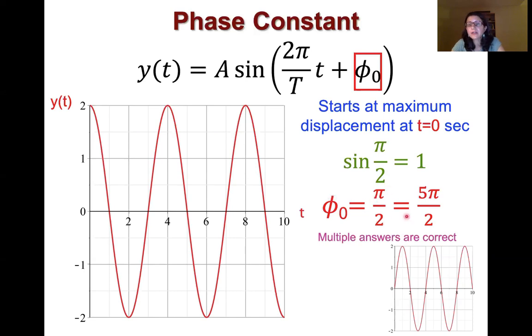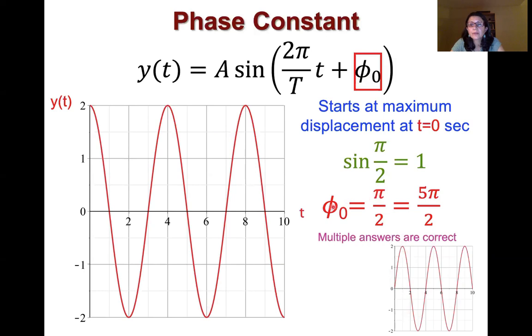Now, an interesting feature of sine functions is that you can add any factor of 2 pi to the sine function, and you get the same answer. Whether we're talking about shifting it by a quarter of a cycle or an entire cycle plus another quarter, we would end up with the same exact looking sine function.